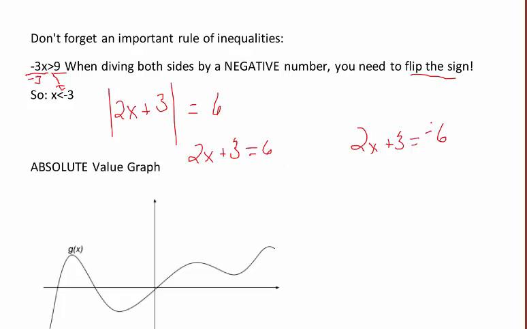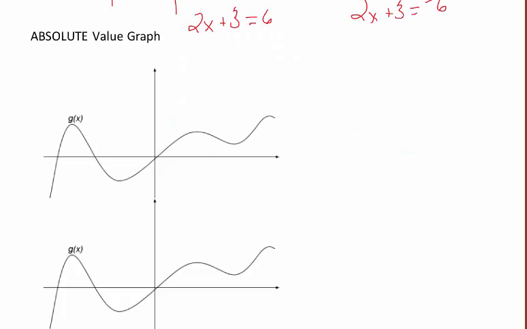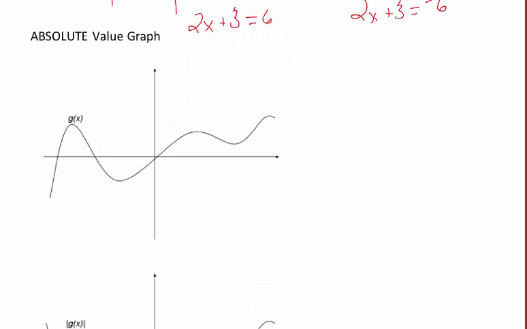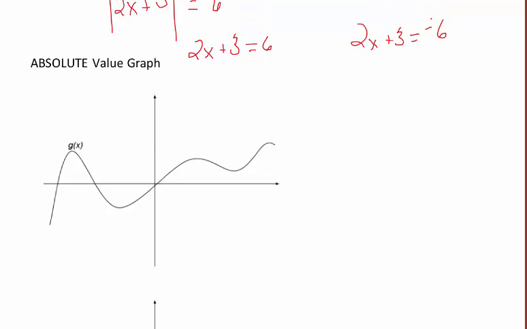Okay, last thing I wanted to go over is an absolute value graph. Now don't let this scare you. It's not too bad. I've got here a function called g of x.